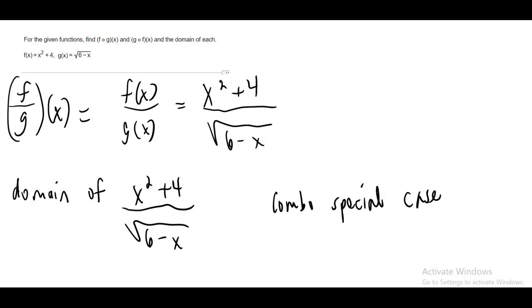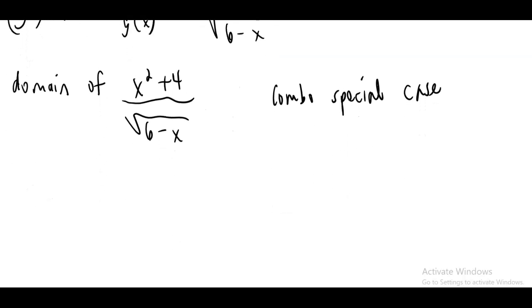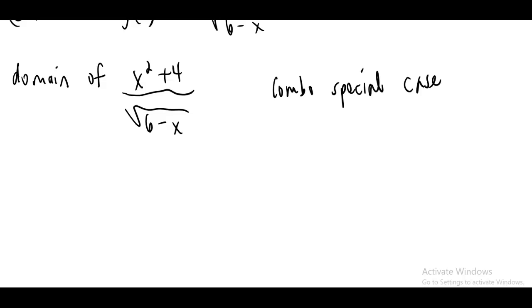In this combo special case, we have a variable in our denominator, we have a rational expression, and we have a radical. When we're finding the domain, we have to consider the things that are excluded from the numerator and denominator based on whether we have a radical and where that variable is.